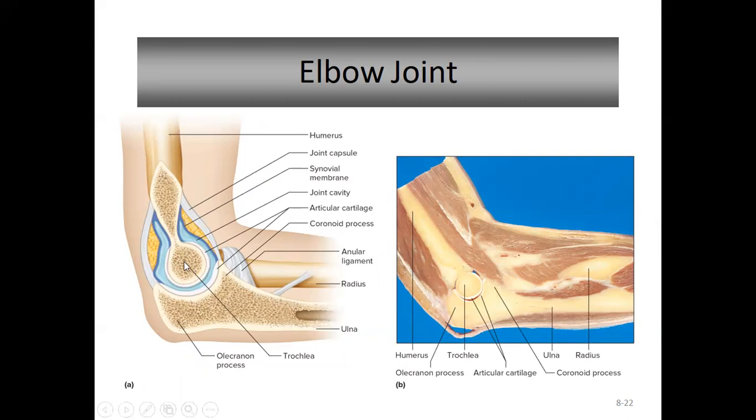So this is the trochlea of the humerus. This is the articulation of the ulna. And because of this joint, this creates the hinge joint. All right, so the hinge joint.